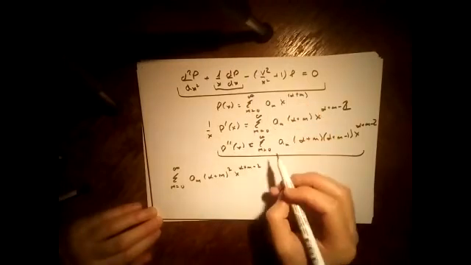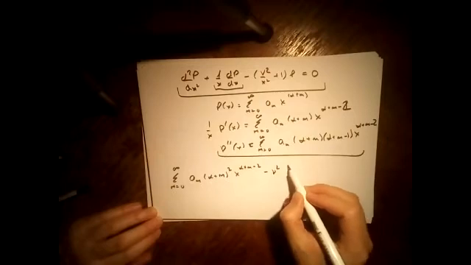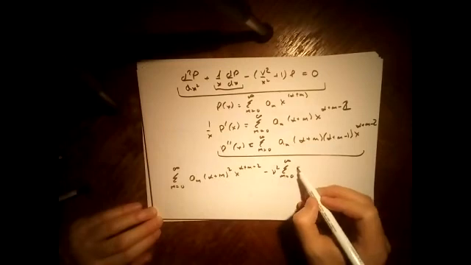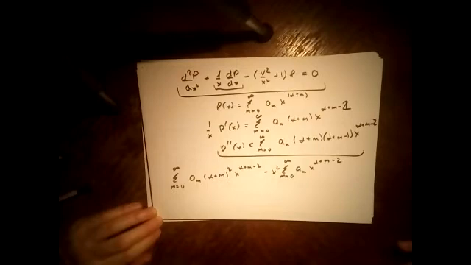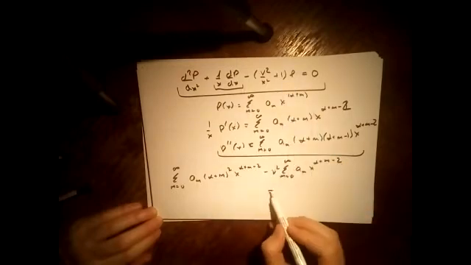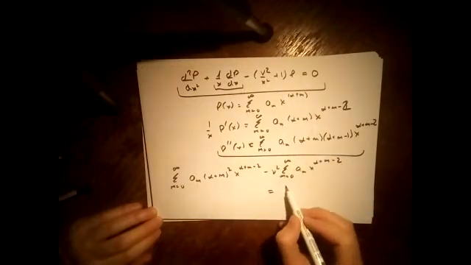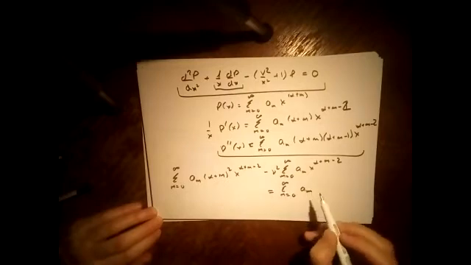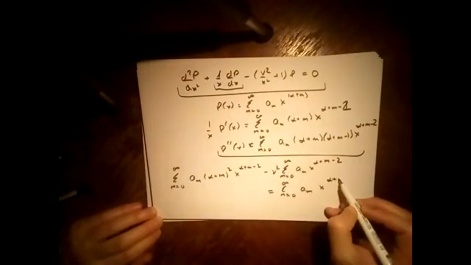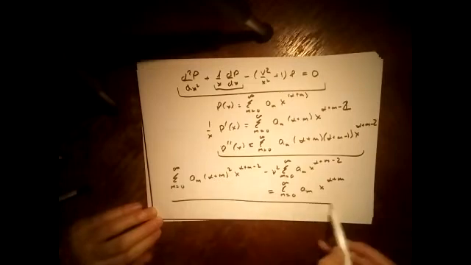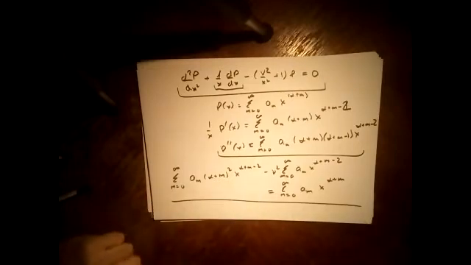And then this term will give me minus nu squared, the sum from m equals 0 to infinity of am x to the alpha plus m minus 2. And I'm going to take this on the other side of the equation. So after the equal sign, I'm going to have the sum from m equals 0 to infinity of am, and it's just 1 times the solution itself, the power series itself. So that's the starting point to actually work out what this power series means.